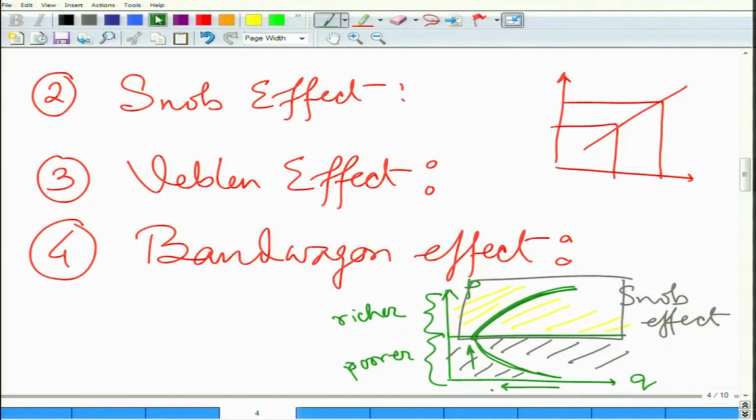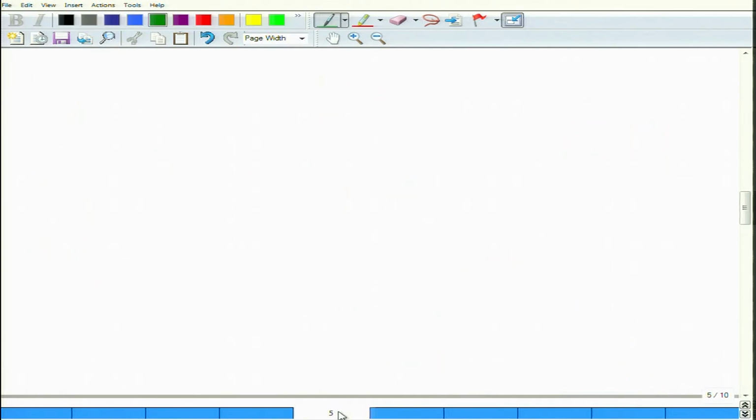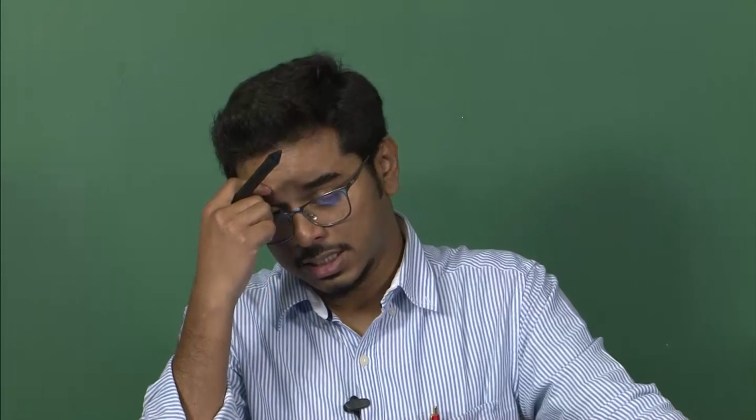Now, as we mentioned, this demand curve is directly associated with or determined by the utility or the satisfaction. So my utility is different from many others, and hence my demand curve will be different from many others.